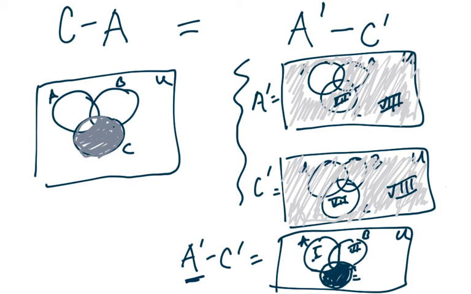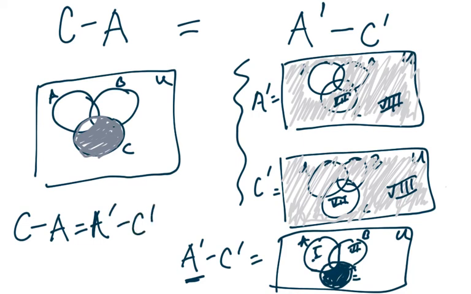And when we shade the same region on both, and we show that the elements of regions 6 and 7 are the same elements in regions 6 and 7 over here, we can definitively say with deductive reasoning that C minus A equals A complement minus C complement.